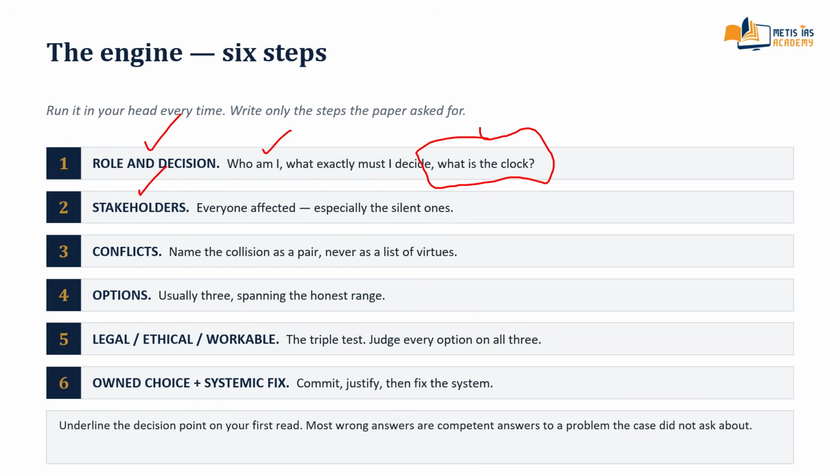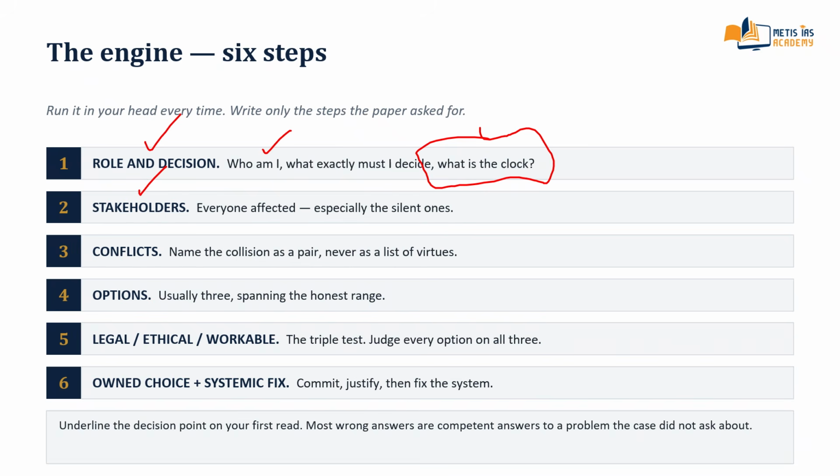The marks for identifying the ethical issues come largely from seeing the stakeholders others miss, and they are almost always the silent ones. The public whose money is being spent, the honest competitor who loses the tender, the next officer who inherits the precedent you set, the institution itself, the vulnerable third party who is not in the room and cannot speak for themselves.